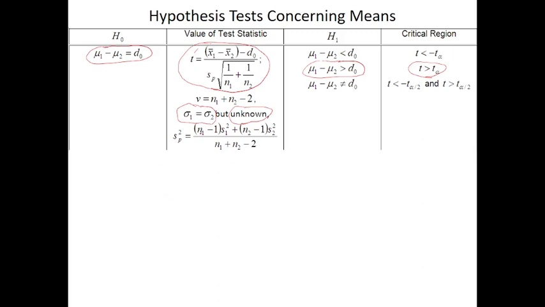We will use this formula where v is the number of degrees of freedom. To obtain it, we add the number of observations for both samples, n sub 1 plus n sub 2, then subtract 2.